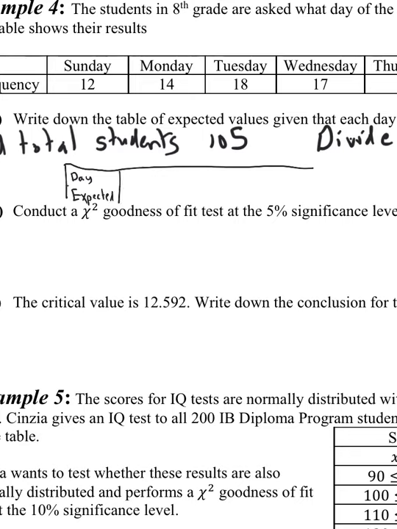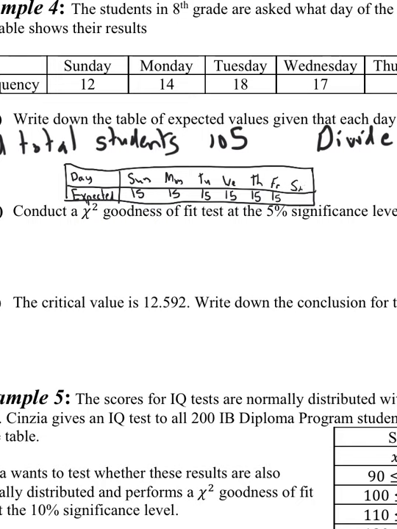We should have 15 students per day. So Sunday 15, Monday 15, Tuesday 15, Wednesday 15, Thursday 15, Friday 15, Saturday 15. That's what our expected values would be. Okay.